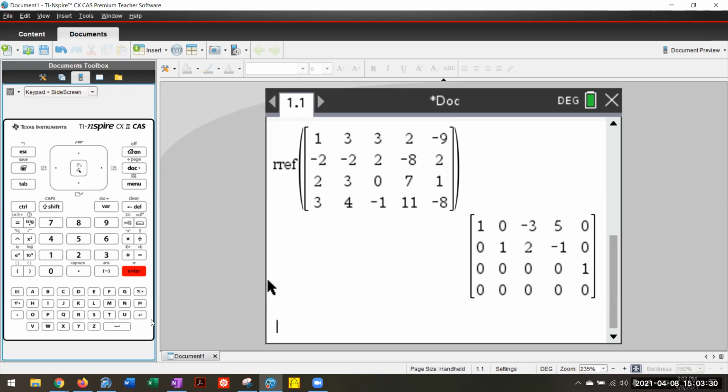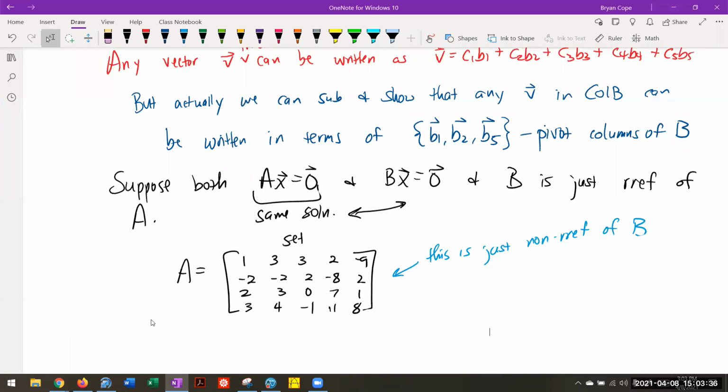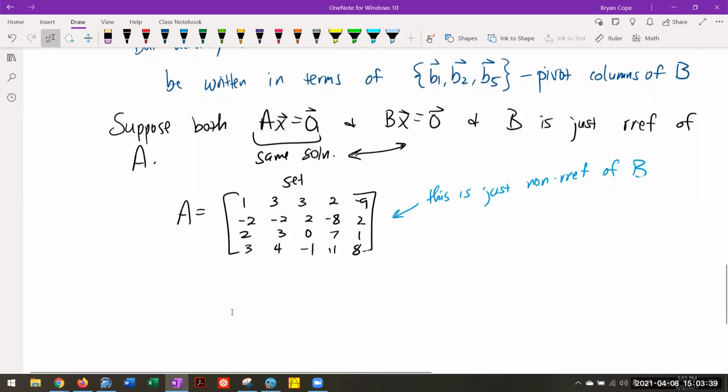It works. Okay, so what does this mean? Izzy, your comment actually makes the conclusion that we're about to write. So here is the way to find the basis for a column space.